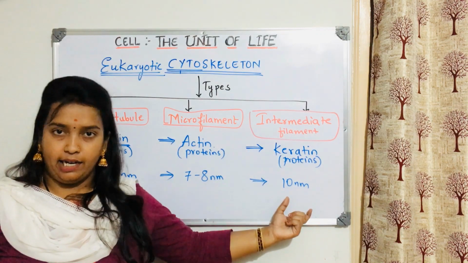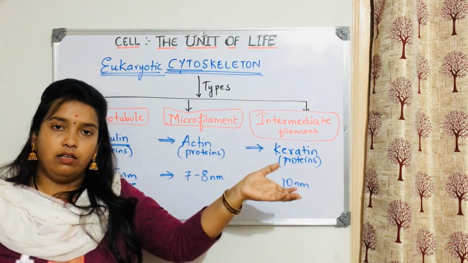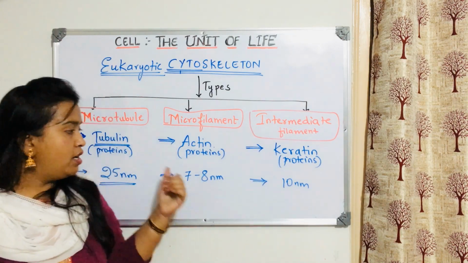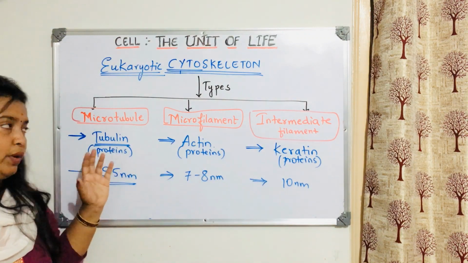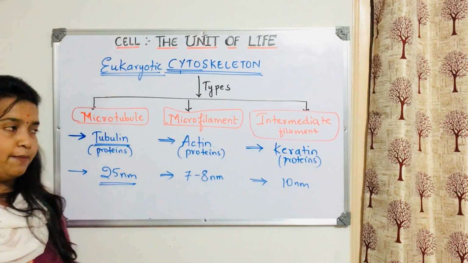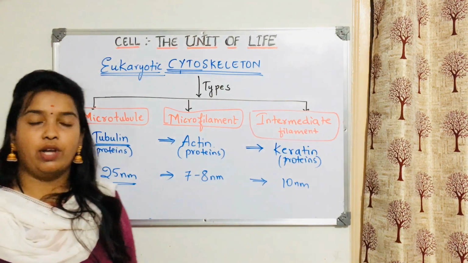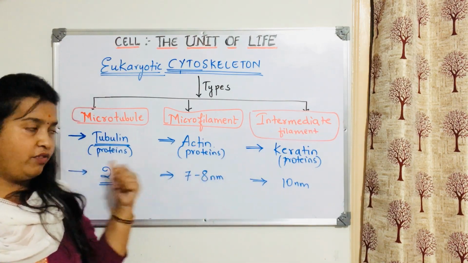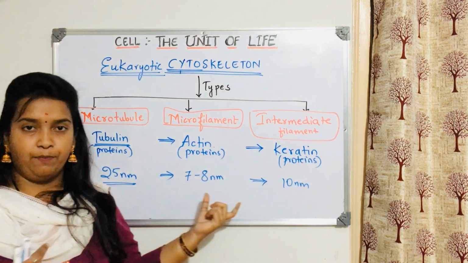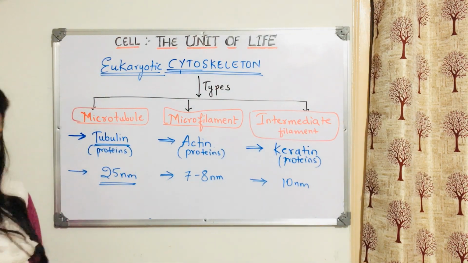And intermediate is in the middle. It's not too big, it's not too small. So please remember these things. However, we'll be doing everything in detail so that time you'll understand. So this is about the types of eukaryotic cytoskeleton. 3 types are there. They're made up of 3 different proteins and their width, or you can say size. This thing you have to remember. Take down this much.